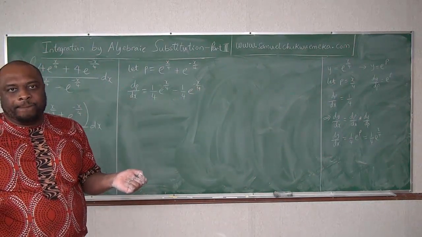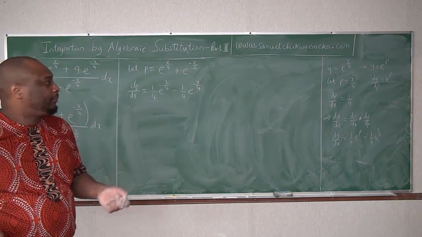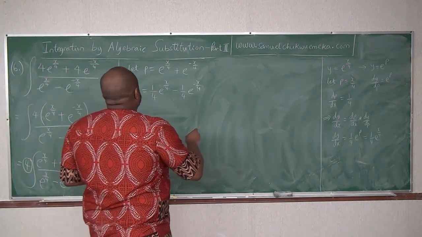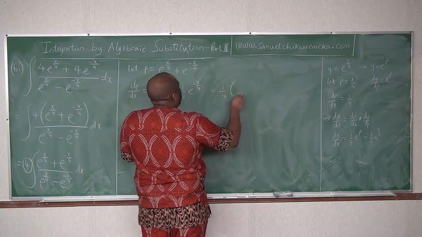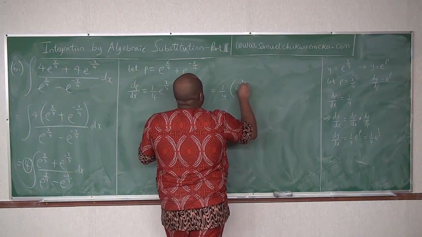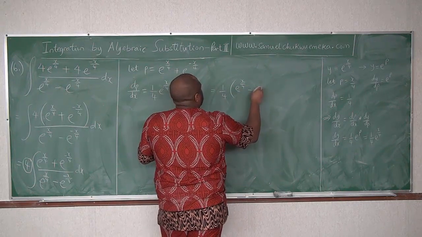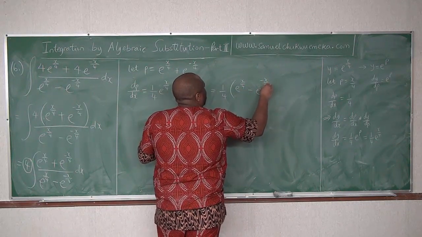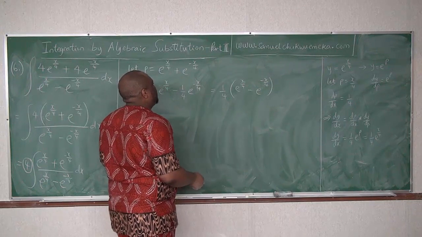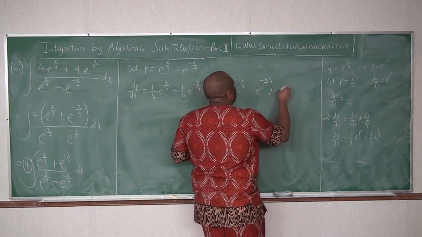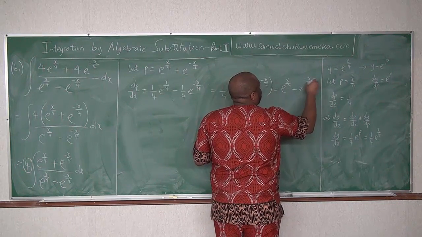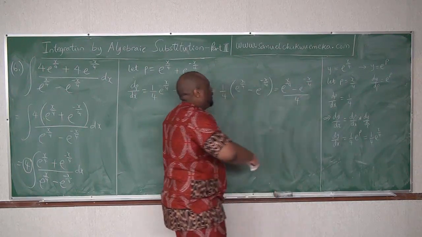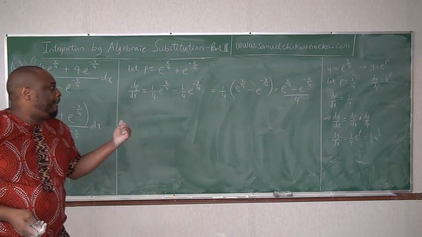So if we simplify that, this will give us 1 over 4 times e to the x over 4 minus e to the negative x over 4, all over 4. That is what it is.